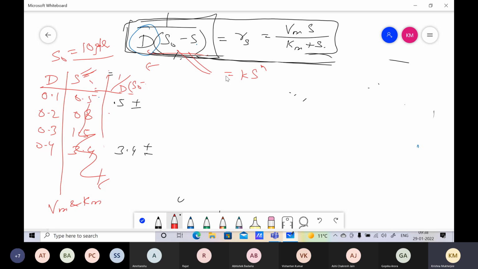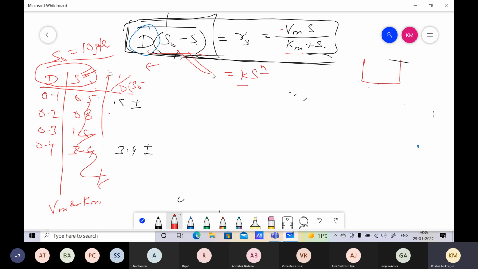These are the plots that you get, and you can then determine K and n, the model parameters. The model parameters have to be found from data given by D by S with error and least square fitting. But right now I'm just writing the actual equations for the CSTR.